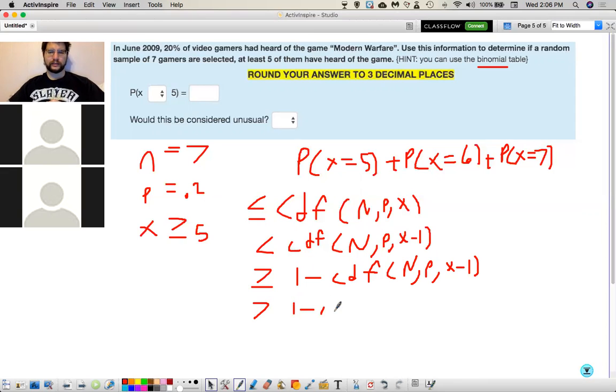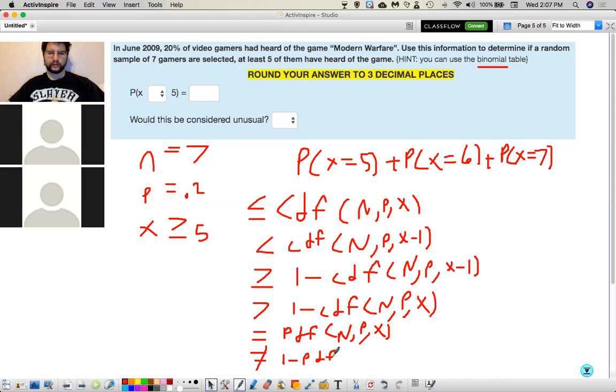So it'll be 1 minus CDF, N, P, X. And then if it's an equal to, that's a plain old PDF, probability distribution function instead of cumulative distribution function. And then a not equal to would be 1 minus the PDF, N, P, X. So those are all the possibilities. I'm fine if you just go ahead and write it down instead of having to think about it on the test.